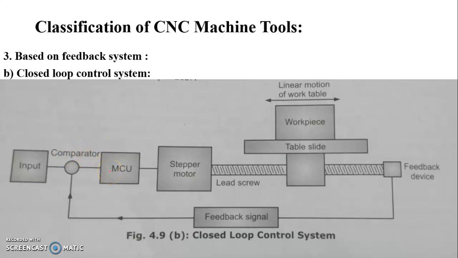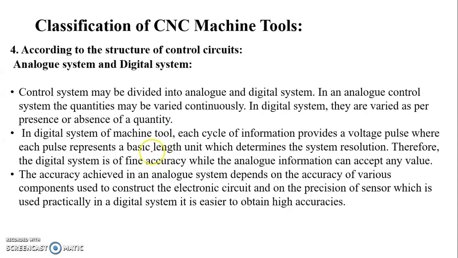If there is any error, then it is fed back to the MCU. The MCU then sends corrective commands to the drive unit, that is the stepper motor, and the cycle repeats until there is no error signal from the comparator. So this is about the closed loop control system.